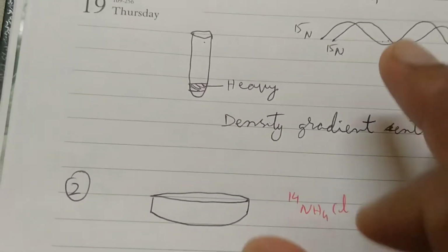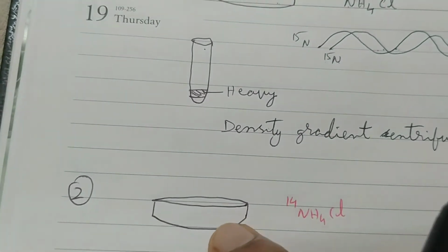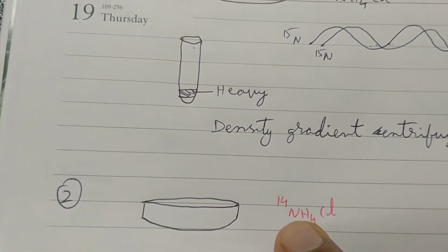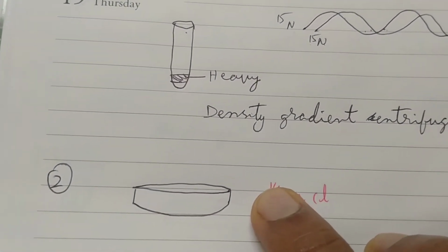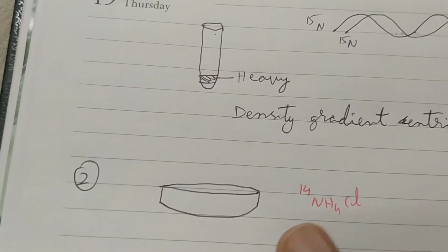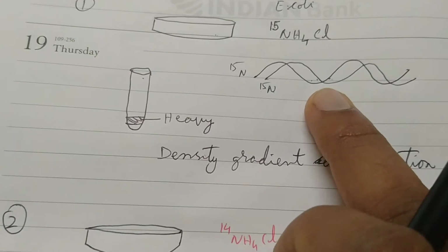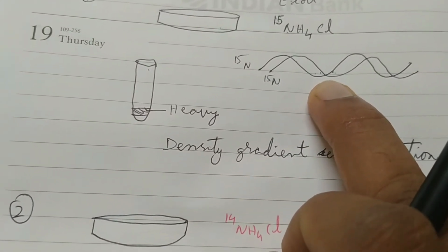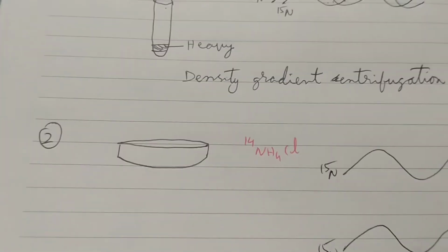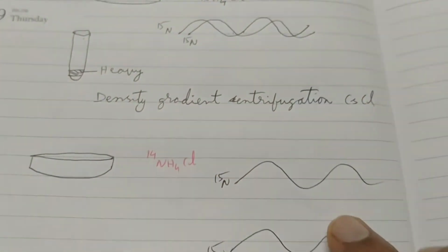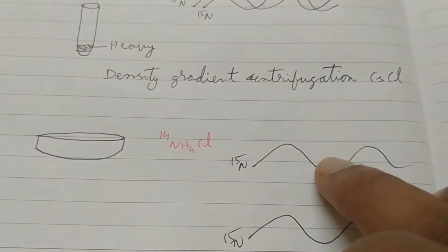So they took these bacteria and transferred them into a medium in which the nitrogen is of normal isotope, and they waited for one generation, that is 20 minutes. So what will happen when DNA replication occurs? These two strands will break, and here a new strand will be synthesized.